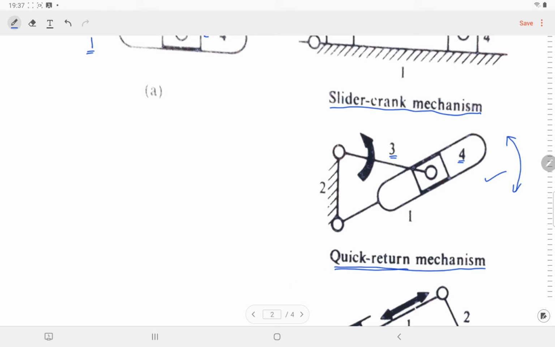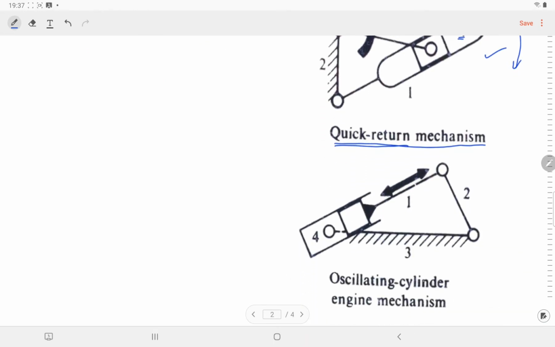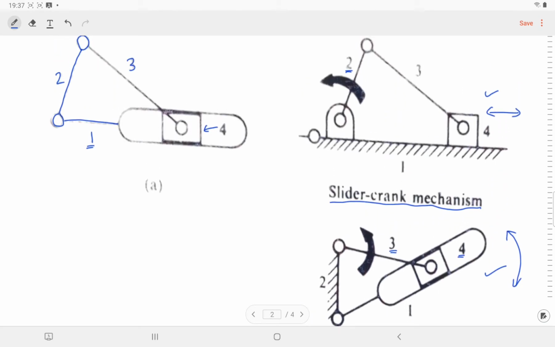Okay, and if we fix link 3, we will get a mechanism which is known as the oscillating cylinder engine mechanism. Now I want you to think what will happen if we fix link 4. What will happen if we fix link 4?